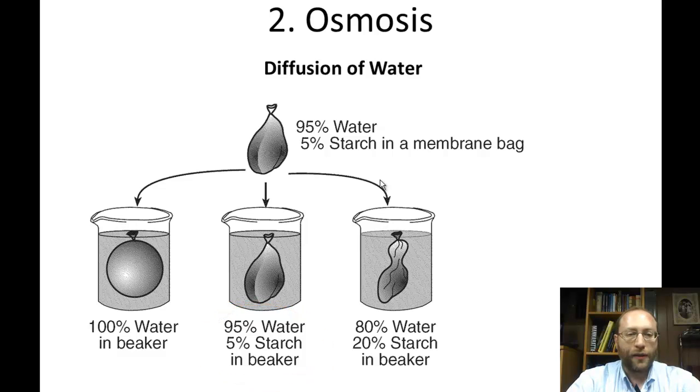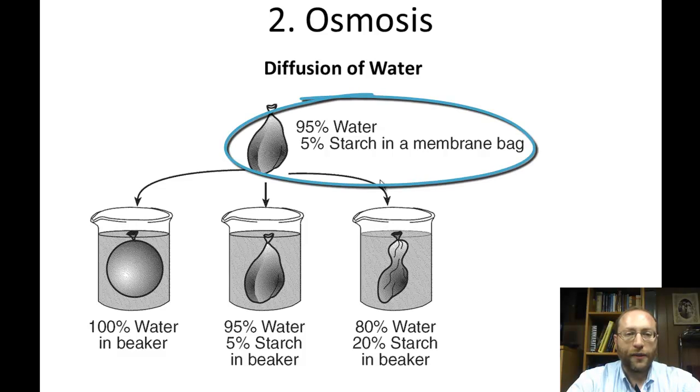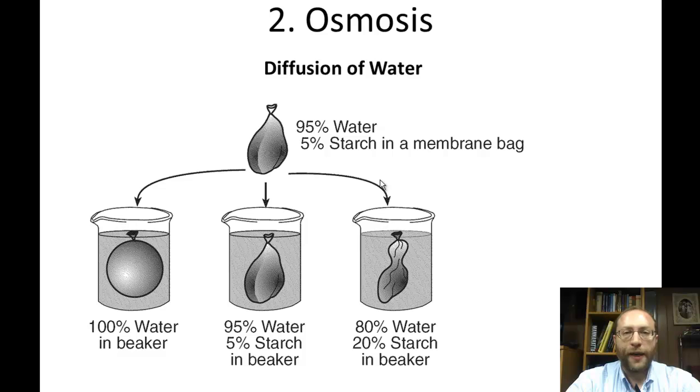And this diagram that you see here is one that was taken from a Regents exam. And this shows basically what happens to a substance due to osmosis. And we'll be seeing this in the lab very shortly. And basically, look on the top there, you see that you have a solution that is 95% water and 5% starch, and it's in a bag that is semi-permeable.